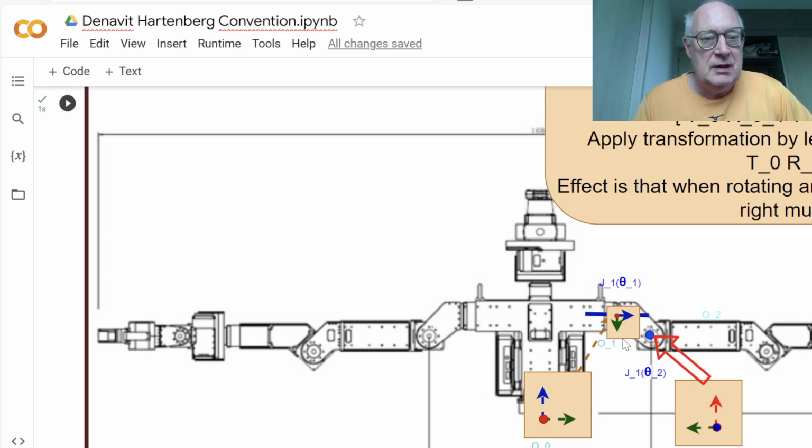And then from there we can move to the first joint, which has joint variable theta 1, and then in this case we align z with our axis of rotation, so z will have to point either to the right or to the left. That's up to us to decide, but here I chose pointing outwards.